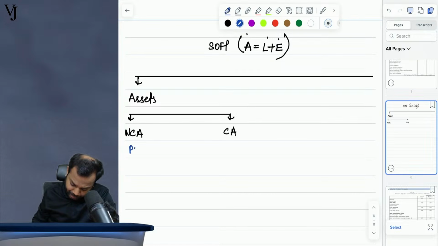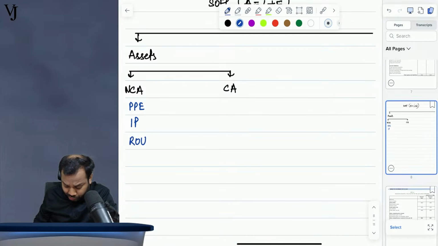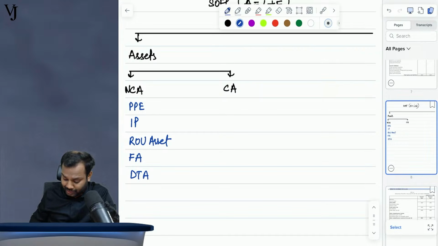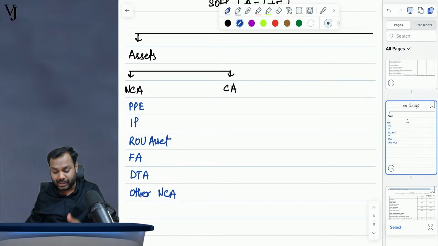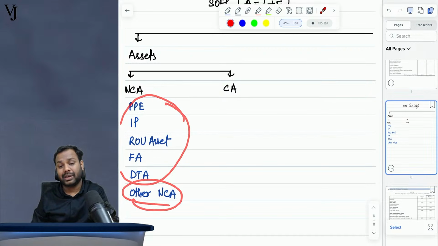Property, plant, equipment, investment property, then right of use assets, then financial assets, then deferred tax assets, then other non-current assets. Whichever non-current assets are not able to fit in these criteria come under other non-current assets.